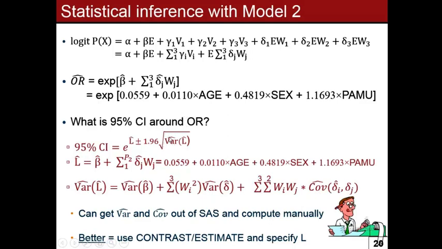The trick now is not computing all this, it's correctly instructing SAS what kind of odds ratio you want. Because it doesn't know that you want beta and then delta 1, delta 2, delta 3. So you have to say, these are the 4 things I'm interested in. Now give me the confidence interval around that.